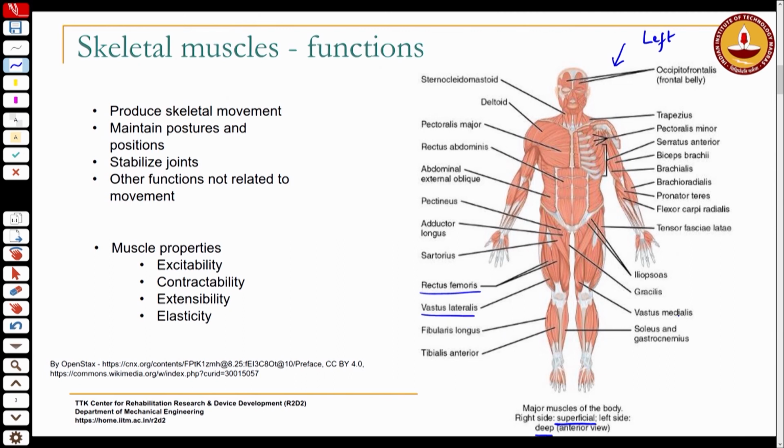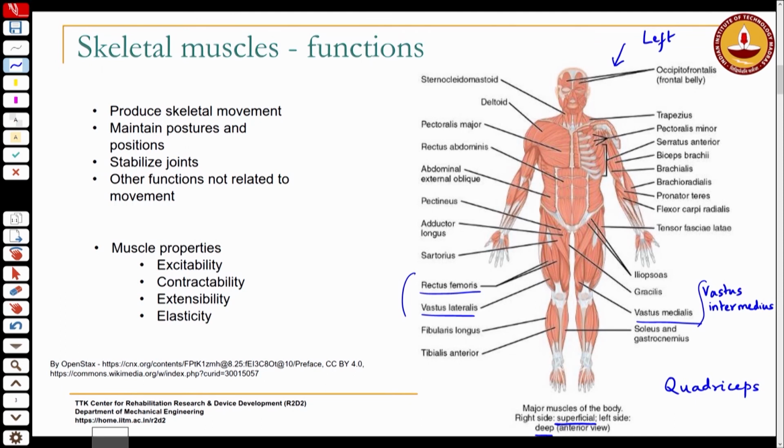So, you have the vastus medialis, the rectus femoris, and one more which is missing, which is the vastus intermedius in between. So, these four muscles together form the quadriceps. So, we will collectively refer to them many times as the quadriceps muscles, and they are very important for stabilizing the knee. The quadriceps and the hamstrings are very important for the good functioning of the knee joint, for stable functioning of the knee joint.